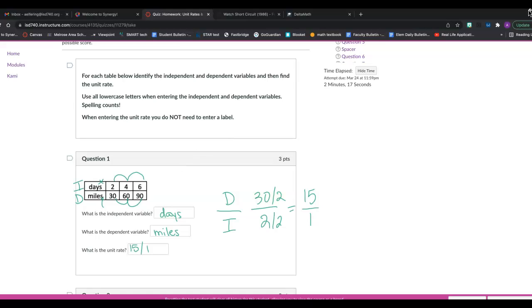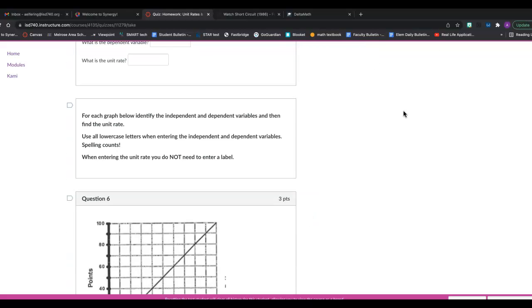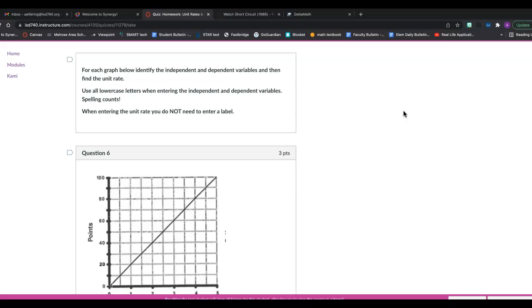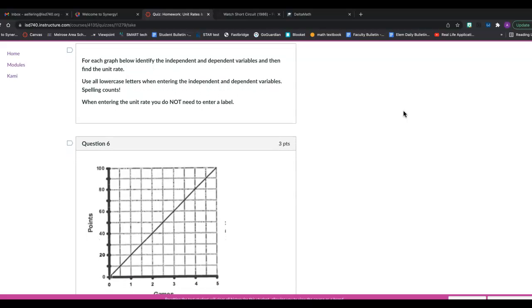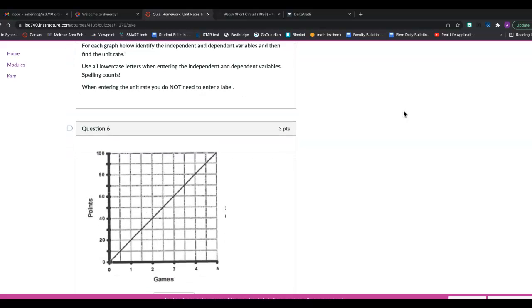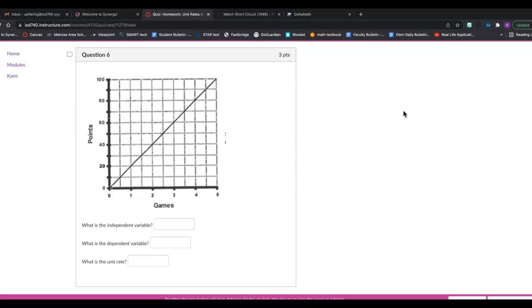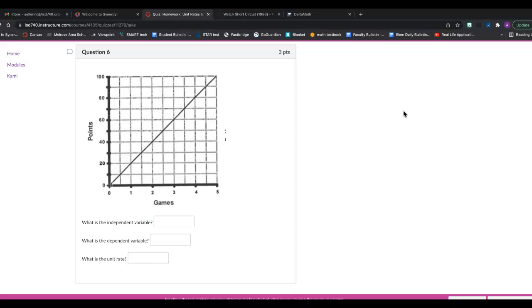Okay, I'm going to skip ahead a little bit because there are 4 more problems like that, and then there are 5 problems with graphs. So for number 6, for each graph below, identify the independent and the dependent, and then find the unit rate. When we look at a graph, same thing happens, right?